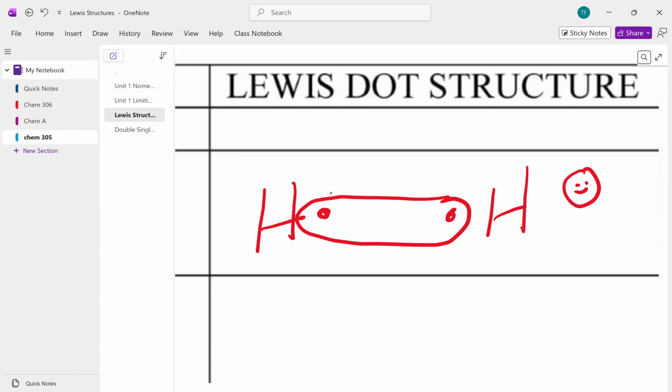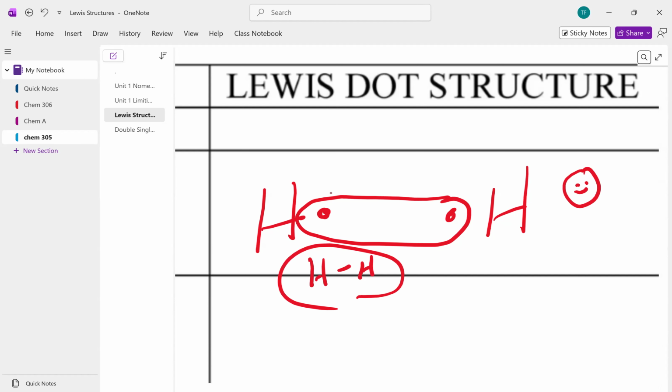The next thing you do is replace the shared bonds, the shared orbitals with a single line. So that's the Lewis structure for dihydrogen. Now I've got a list of steps to go through, and this is part of the steps.